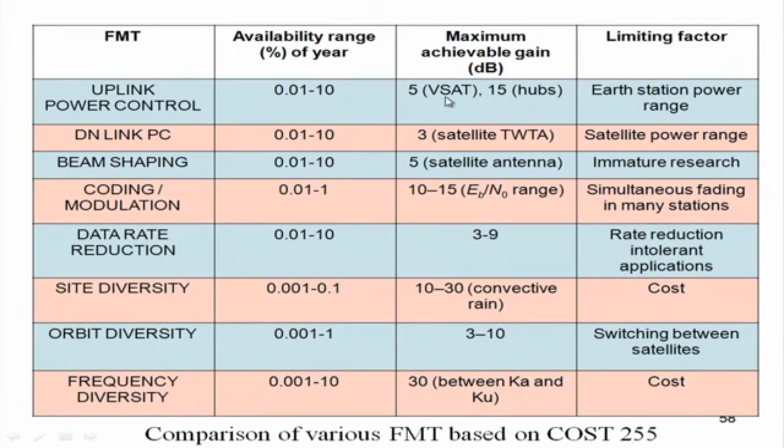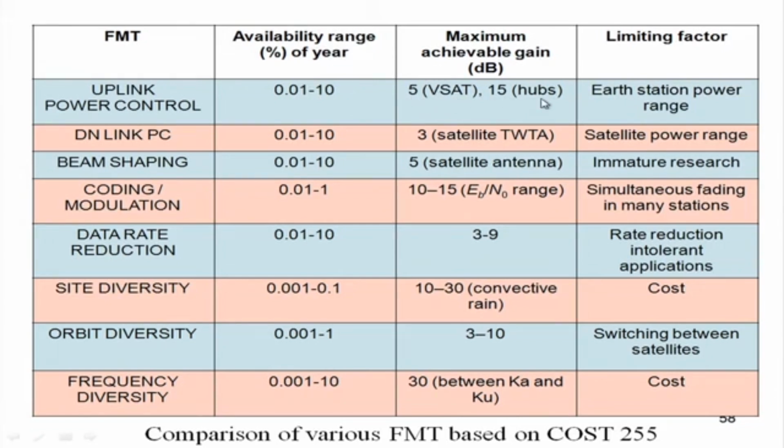VSATs are very small aperture terminals, so all facilities available at the terminal are small. You can't put a very large power amplifier there, since it's uplink power control. The power amplifiers normally put into VSATs, you can vary about 5 dB or so. So that's why it's low here.